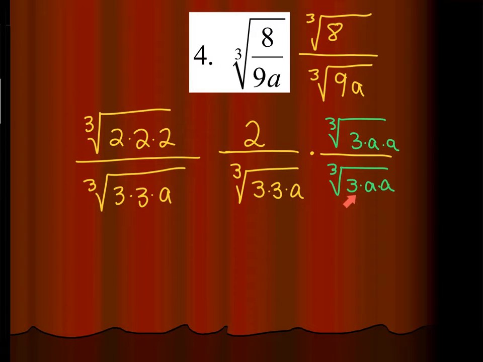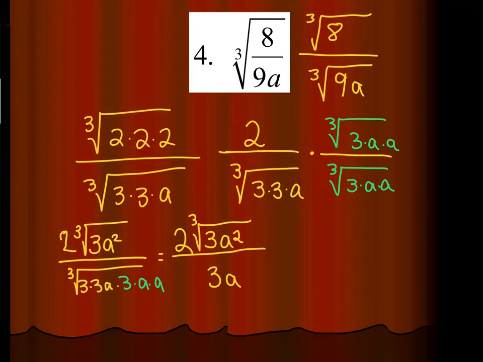We're going to multiply it by the cube root of 3 times A, and we'll do it to the top as a property of equality. So now when we simplify, we'll be able to bring it out because we have 3 of everything. So here we have the 2 that's on the outside, which was here, and we're multiplying it by the cube root of 3a squared.